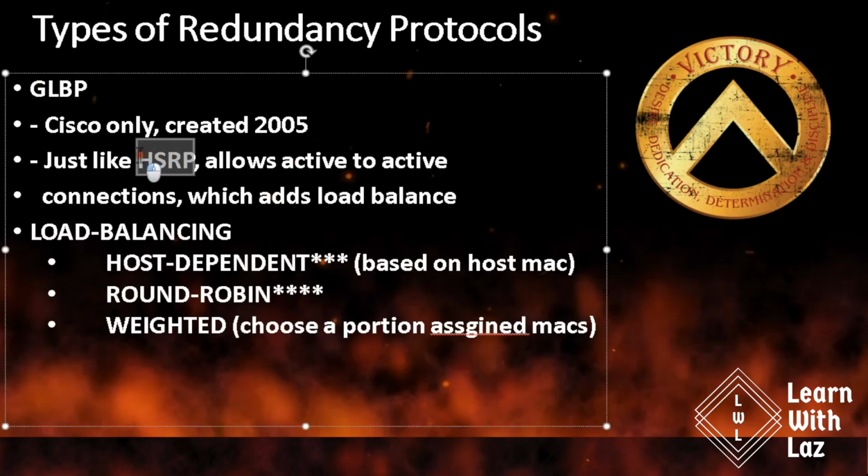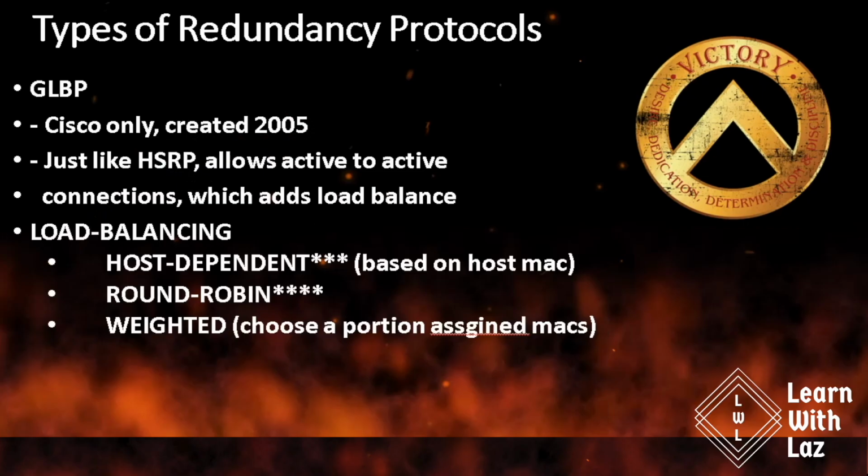With HSRP, one router is actively sending out and everybody goes to it, while the other routers, based on priority numbers, which we'll get into, are just on standby. With GLBP, all routers are active, which is cool. That's why you have load balancing, where normally it's round robin and everybody takes a turn.